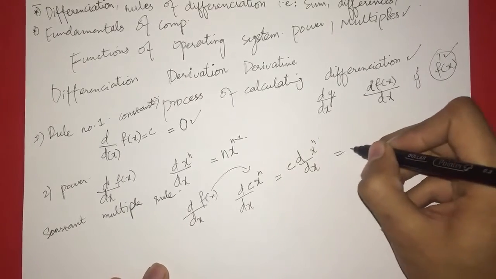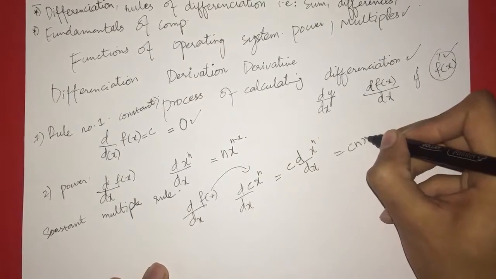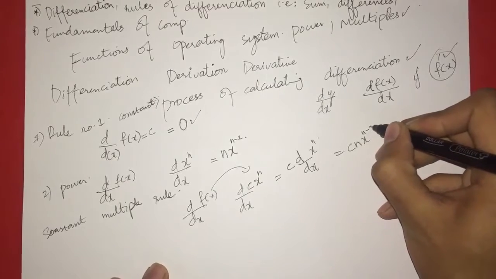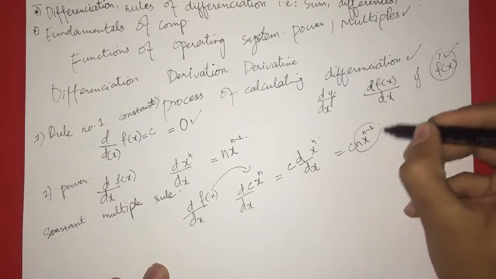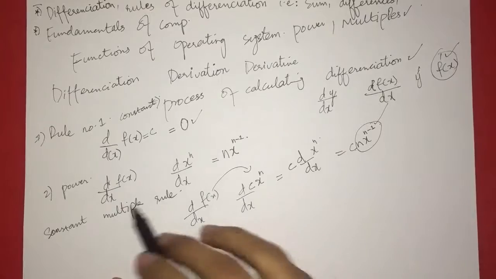The constant comes out of the derivative. So this will be c n x to the power n minus 1. This is our power rule, and this is our constant multiple rule.